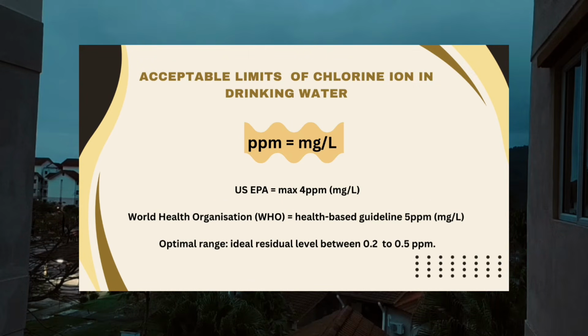On average, they conclude the ideal residual level of chlorine is between 0.2 to 0.5 ppm. So, if your drinking water is outside the optimal range set by the responsible party, then the drinking water is not safe to consume. The example of the amount of chlorine in the previous calculation is just an example to show how we can calculate the chlorine value in our drinking water.